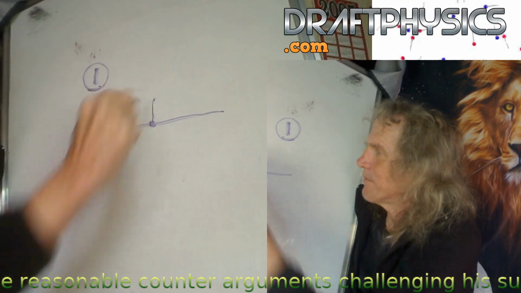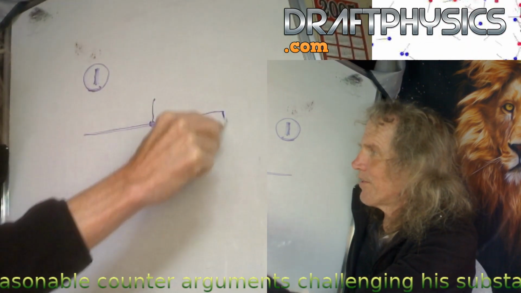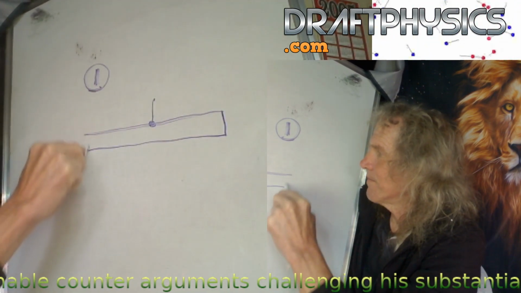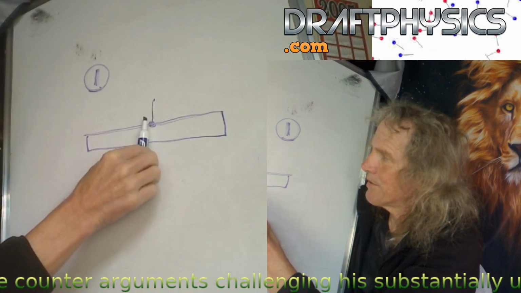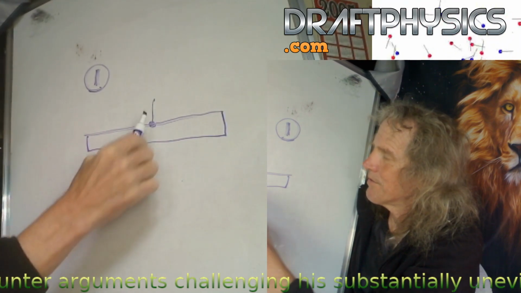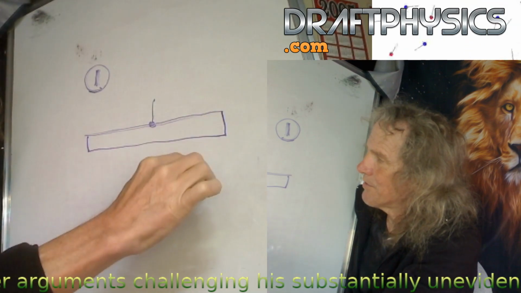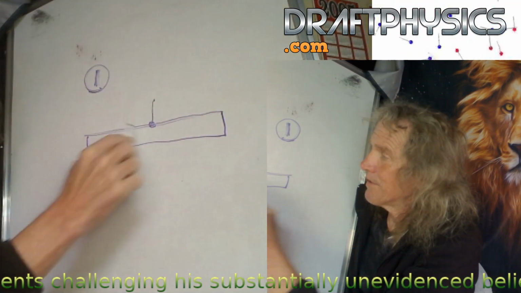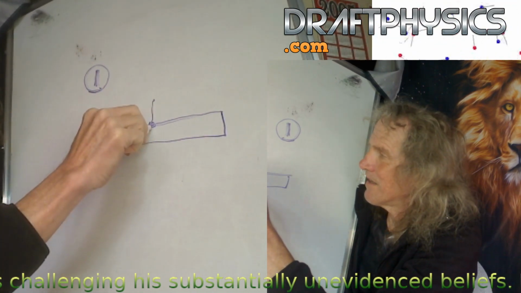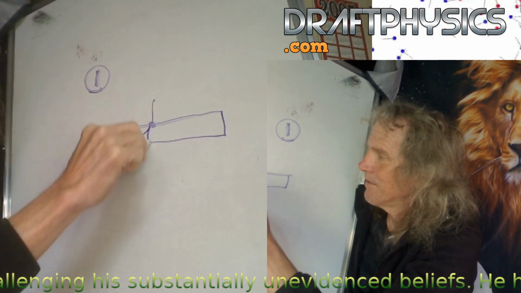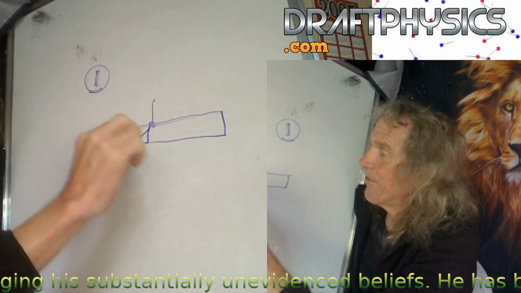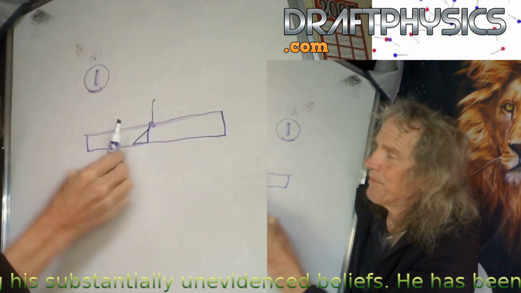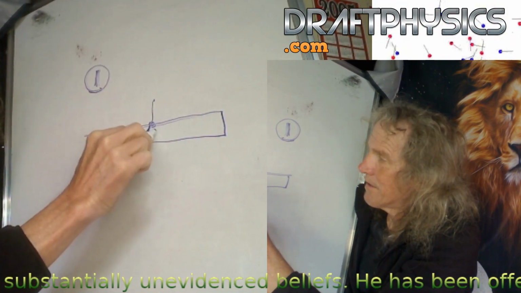And I'm hanging it from the top, which means if you think about what the lever's doing, when it turns this way, it's going to put more. So when this side goes down, this side goes down, more of the lever is going to be on this side. So this side gets heavier, right? So when this side goes down, this side gets heavier. And when this side goes down, this side gets heavier.